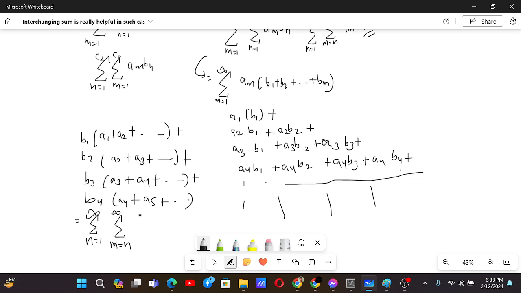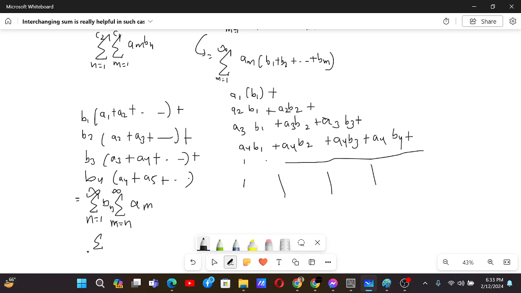Over here these are b_m and this is the sum of a_m. So b_m can be written as b_n, and this is the sum of a_m. Now I can take b_n inside, because the sum is all in the world of m and b_n is a constant. So I can write this as the sum from n equals 1 to infinity, sum from m equals n to infinity, of a_m b_n.